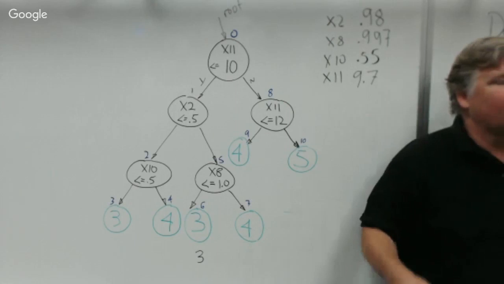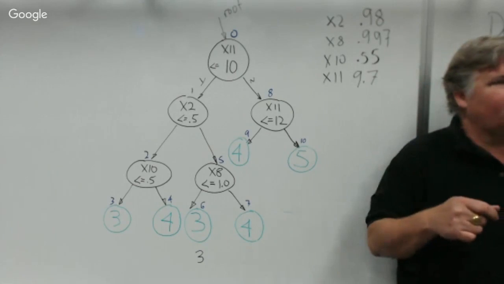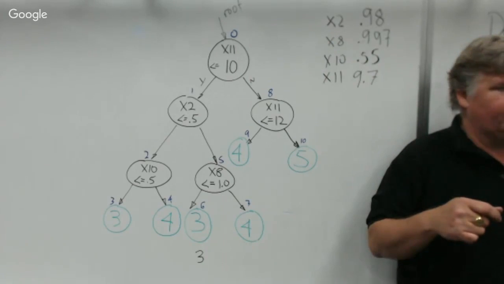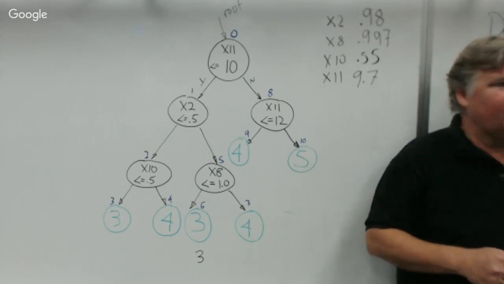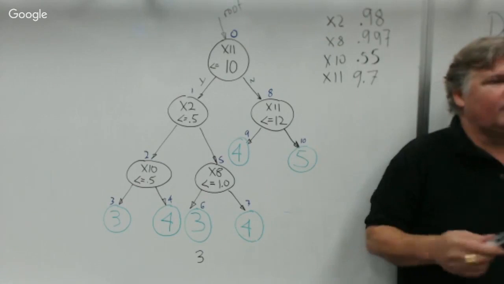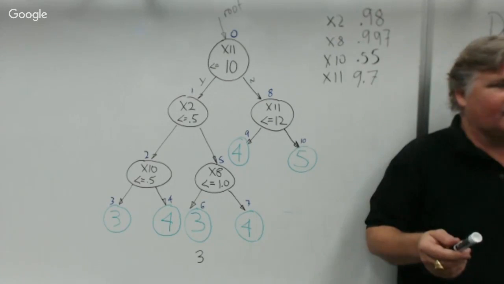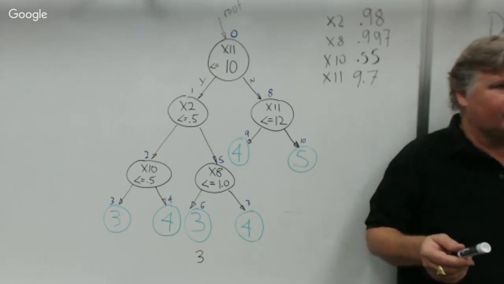Now, suppose we query that tree with one of the data elements that we used to train it. Who thinks it would give us exactly the same value we trained it with? Yes?